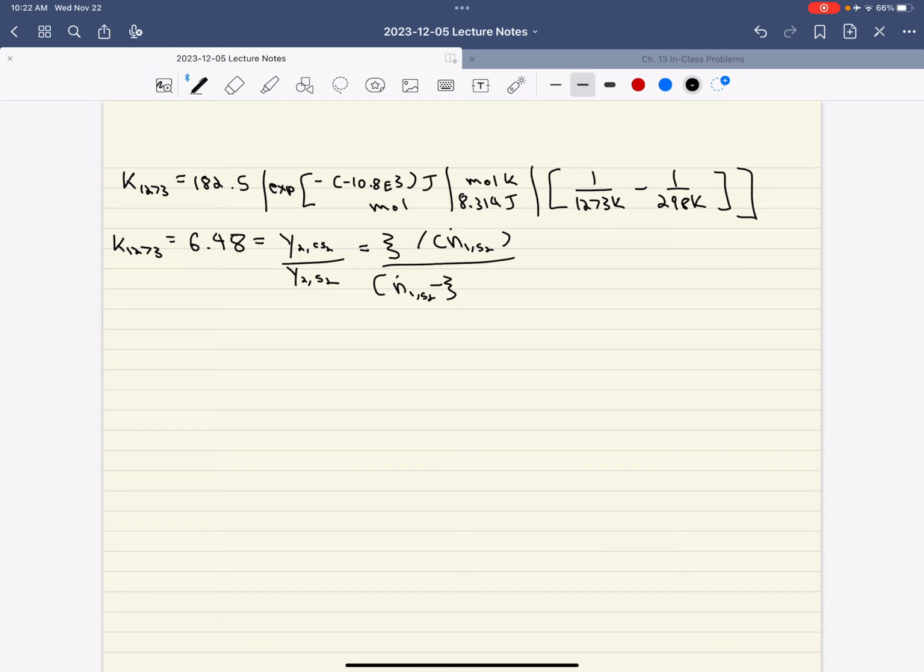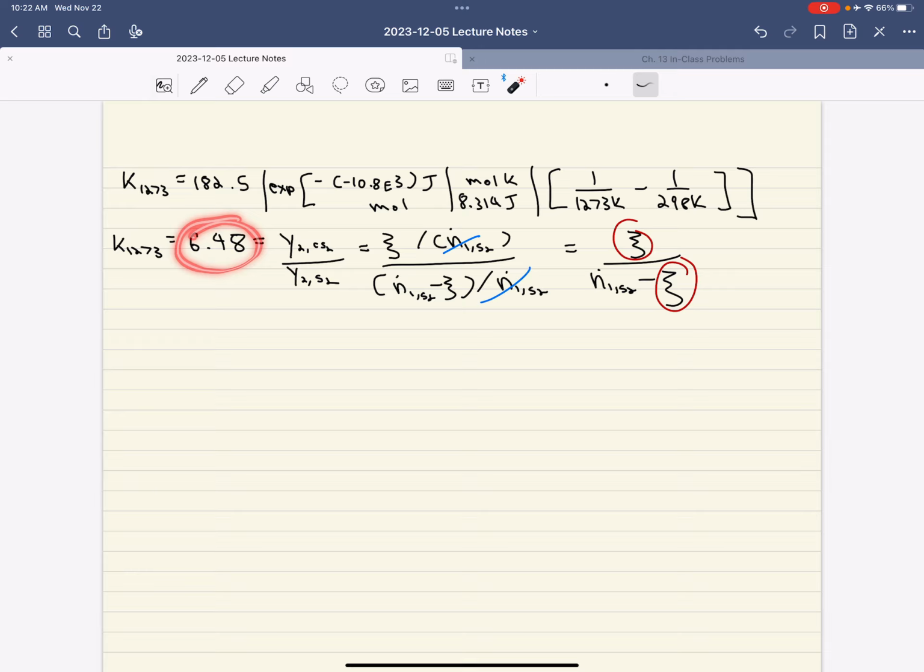N1 S2 minus psi divided by N1 S2. Let's cancel. And again, we're left with psi over N1 S2 minus psi. So nothing changes with that equation. The only thing is now the equilibrium constant is smaller. So if we solve for psi, we get that it's now equal to 0.866.